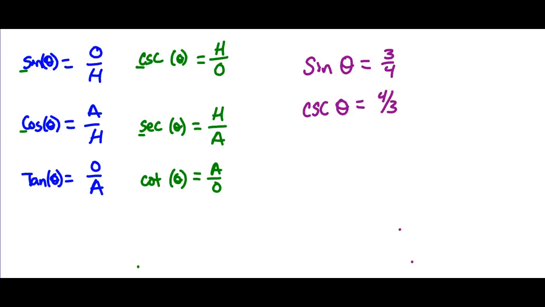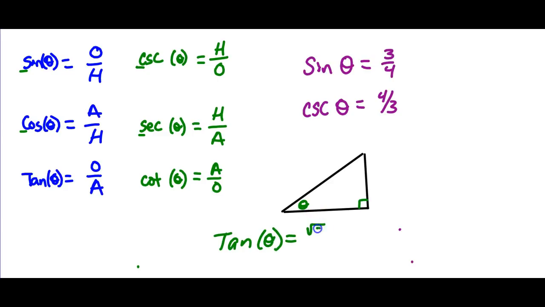These students are pretty bright. Let's throw something at them. And let's put in theta. So there's our theta. This is a right triangle. And they tell us that the tangent of theta is equal to the square root of 2 over 3.